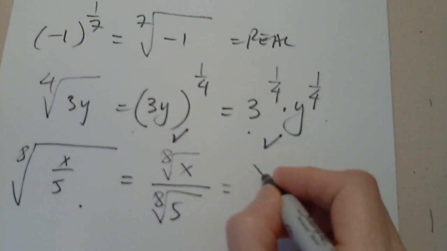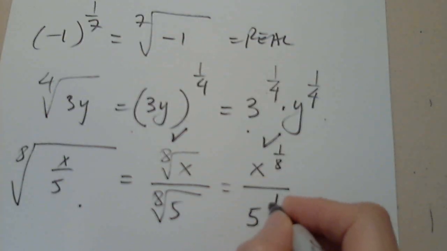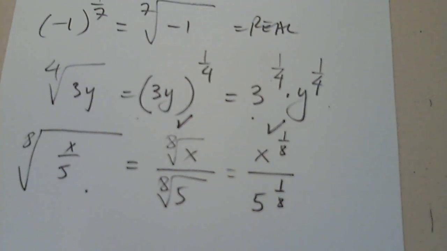And then I will write x to 1 over 8 and 5 to 1 over 8. Any questions? Okay.